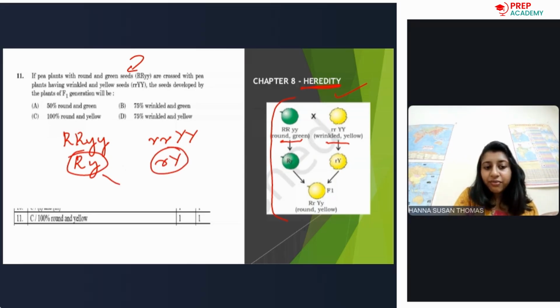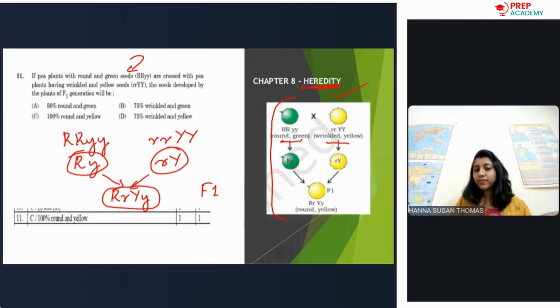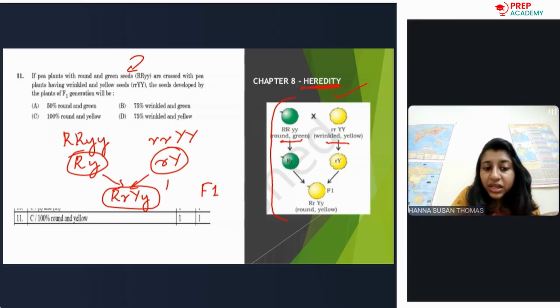And when they are fused together, what will happen to the progeny, the F1 generation? You will be getting capital R, small r, capital Y, small y, capital Y, small y. So the characters exhibited by the F1 generation here will be round and yellow, right?